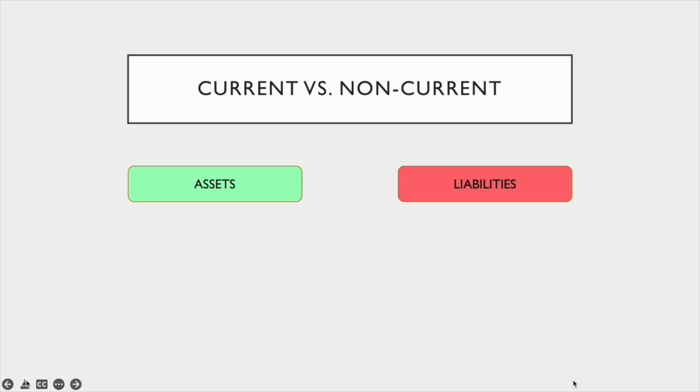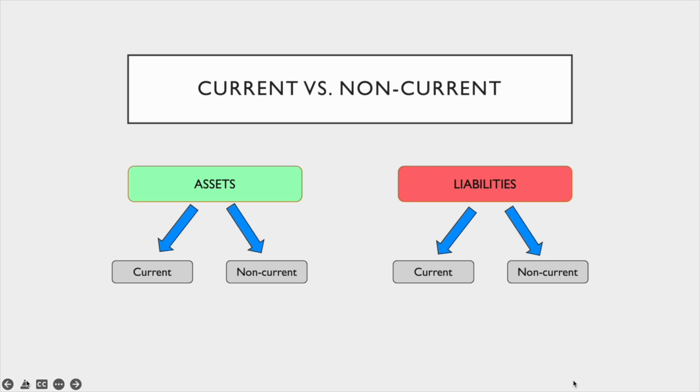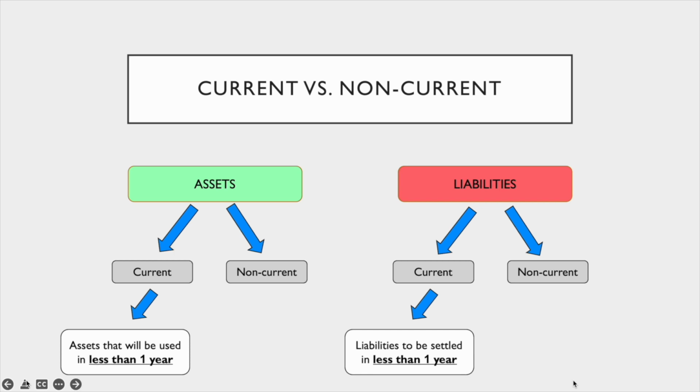Assets and liabilities can both be broken down further into current assets and current liabilities, and non-current assets and non-current liabilities. A current asset is an asset that will be used in a period of less than 1 year, whereas a current liability is a liability that will be settled in a period of less than 1 year from the accounting period end, so from that balance sheet date.